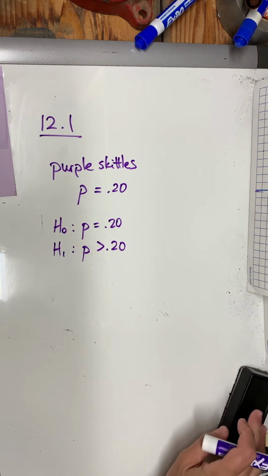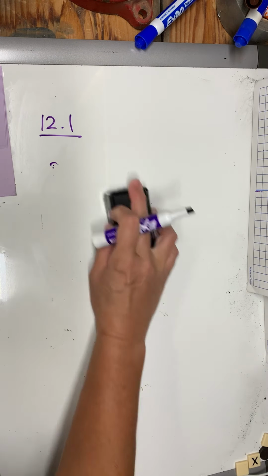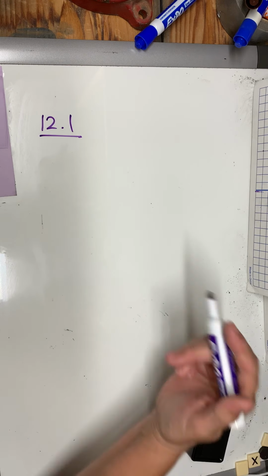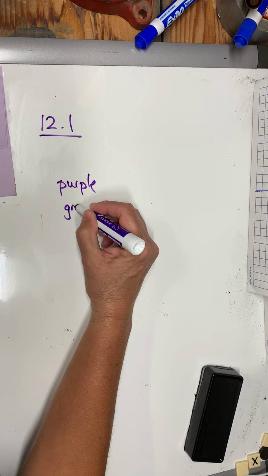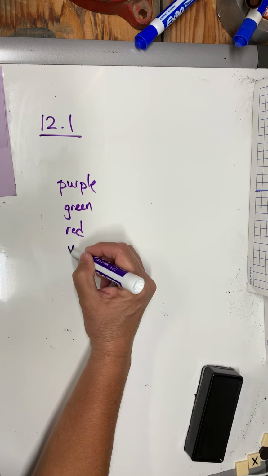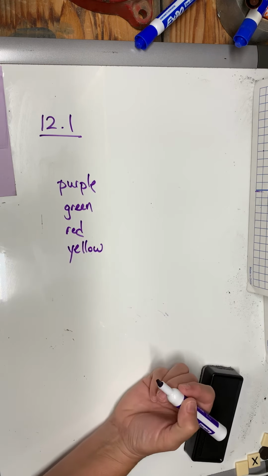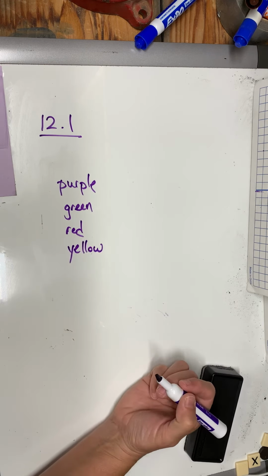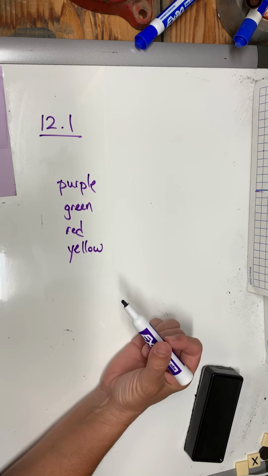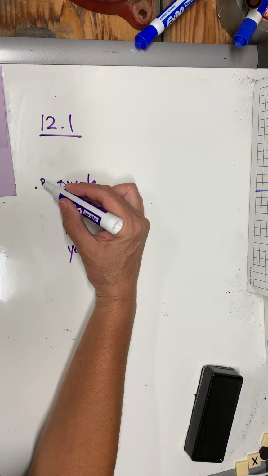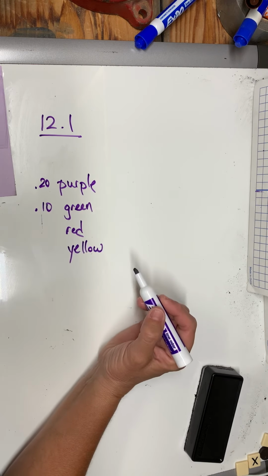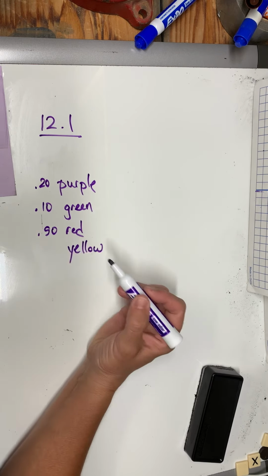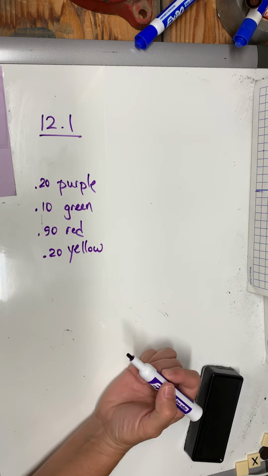So let's say there were 4 colors: purple, green, red, and yellow. And let's just pretend those are the only colors of Skittles. So instead of just talking about the proportion of purple, I would talk about the proportion for each of them. The purple still needs to be 20, the green is 10, we have 50% red, and then another 20% yellow.